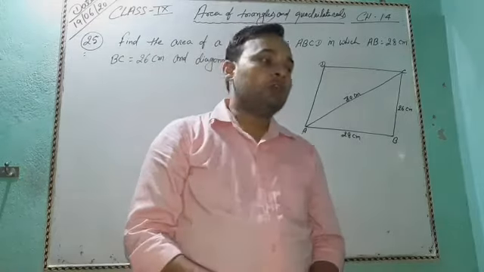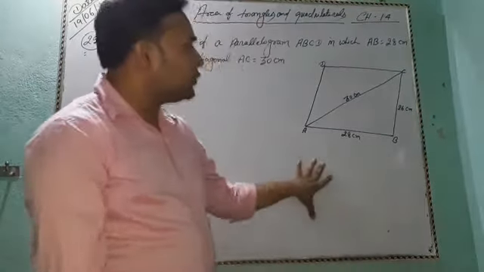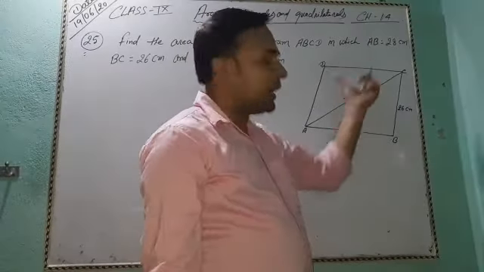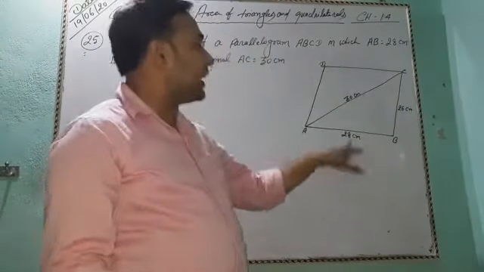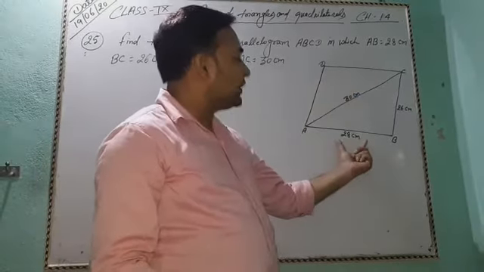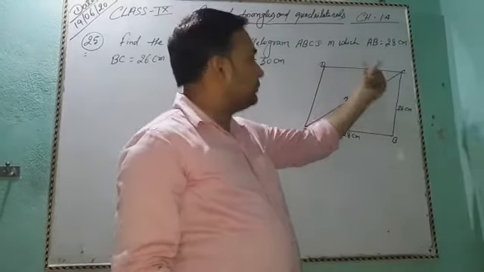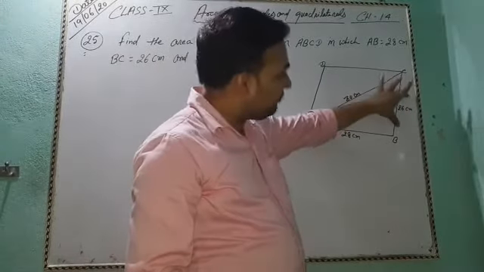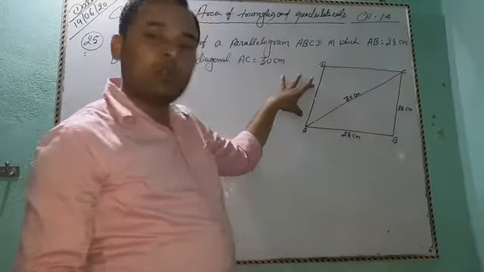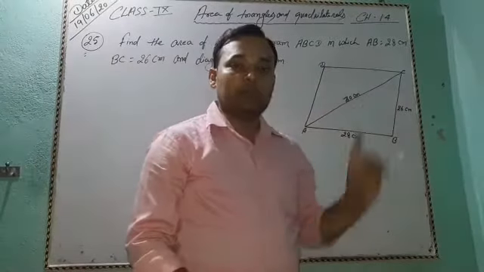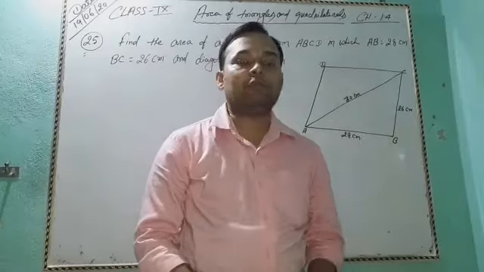Okay, so properties of the parallelogram: first, opposite sides are equal. AB equal to 28 centimeter, then DC equal to 28 centimeter, BC equal to 26 centimeter, and AD equal to 26 centimeter. So opposite sides are equal in a parallelogram.